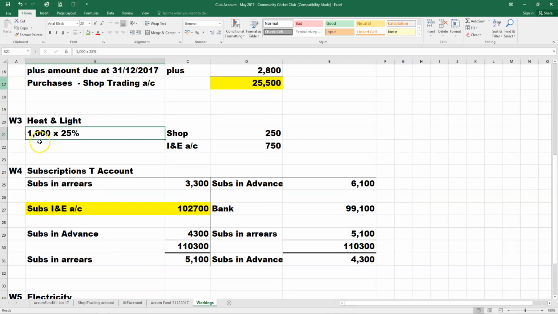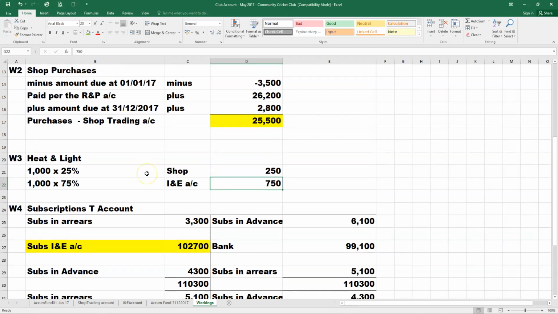Heat and light, 25% from note 2 is for the shop. So €1,000 by 25% is 250. And €1,000 by 75% for the income and expenditure account is €750.